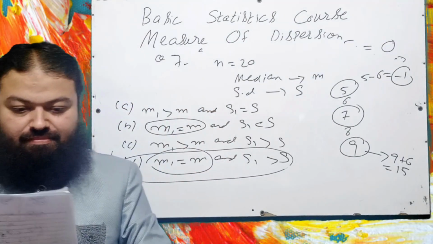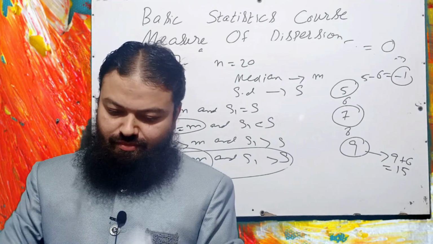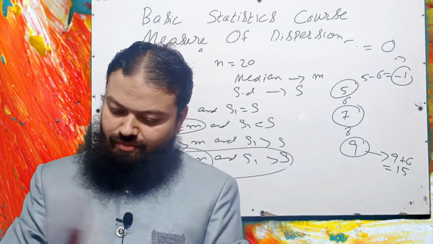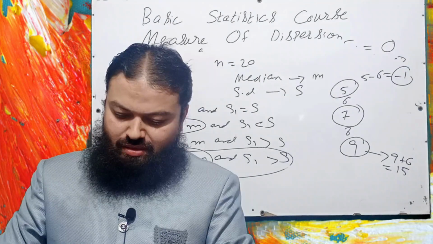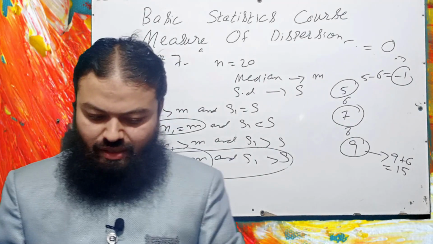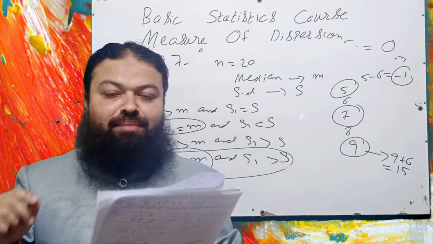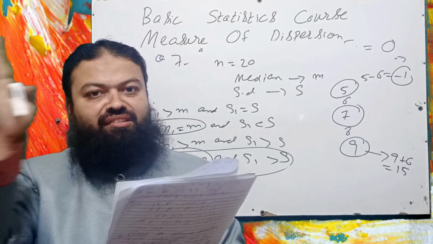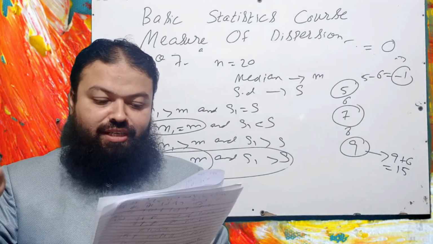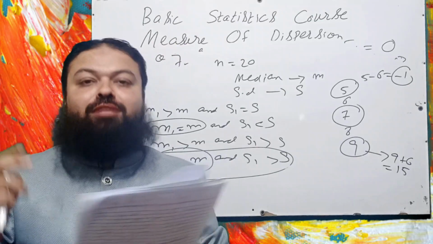Please keep in mind. Now question number 8. If the standard deviations of two randomly selected samples of the same size are equal, S1 is equal to S2, then their means: A part are also equal, B part will not be equal, C part will be 0, D part may not be equal.